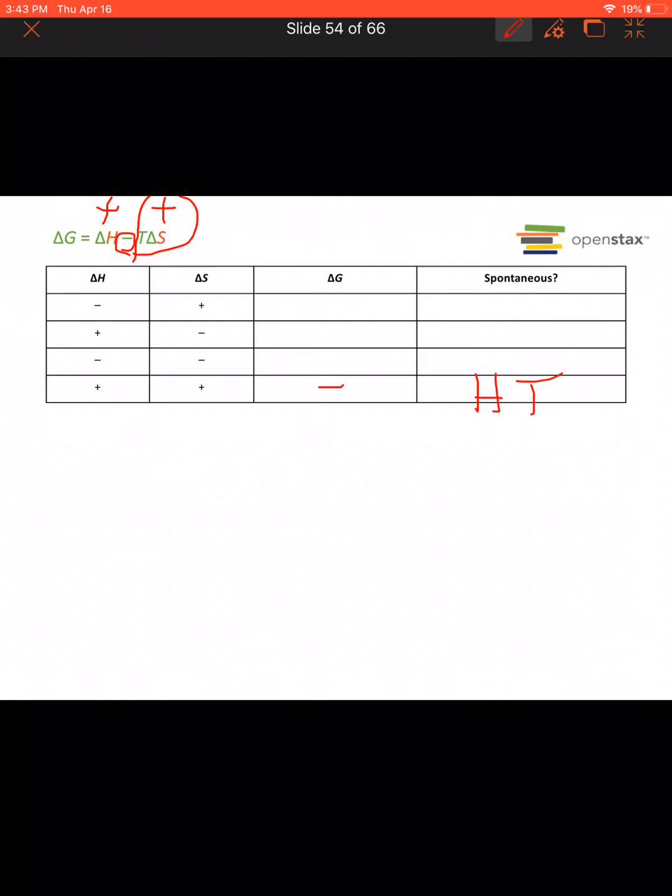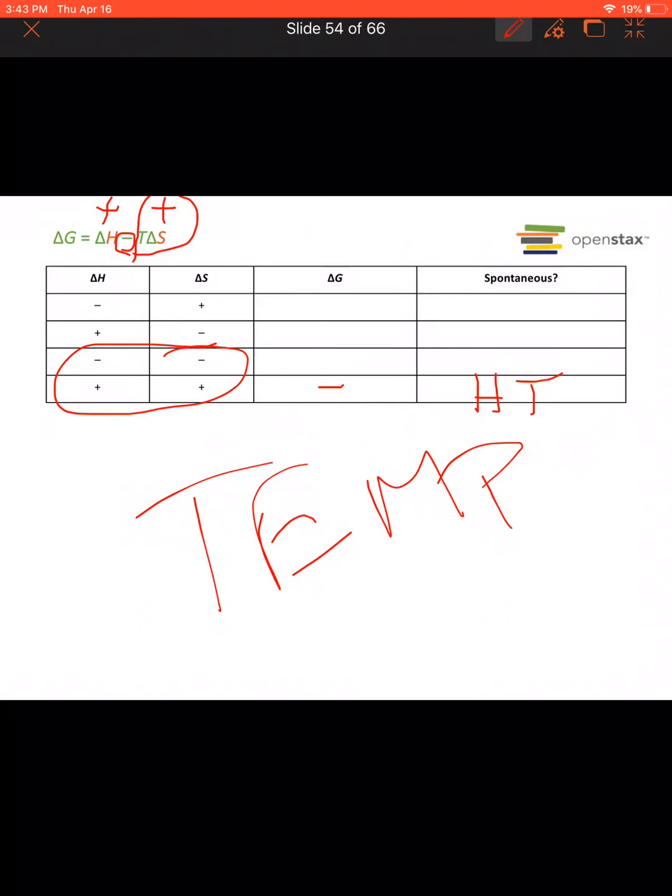Alright? So keep in mind, if the signs of both H and S are the same, this becomes a temperature dependent reaction. And so whatever the temperature is dictates whether this reaction is spontaneous or non-spontaneous. A negative delta H and a positive delta S is always going to be spontaneous. A positive delta H and a negative delta S is always going to be non-spontaneous. These last two columns are spontaneous based on temperature, dependent on temperature.